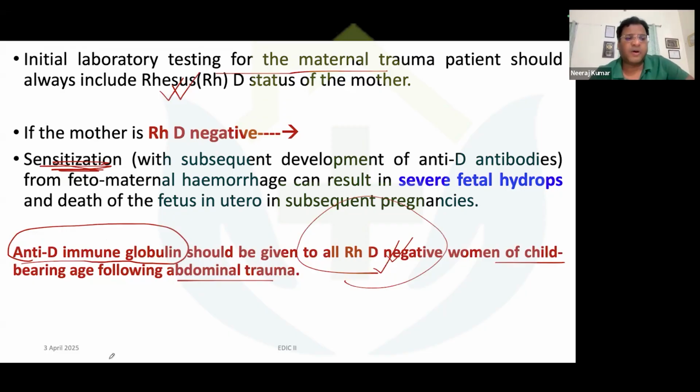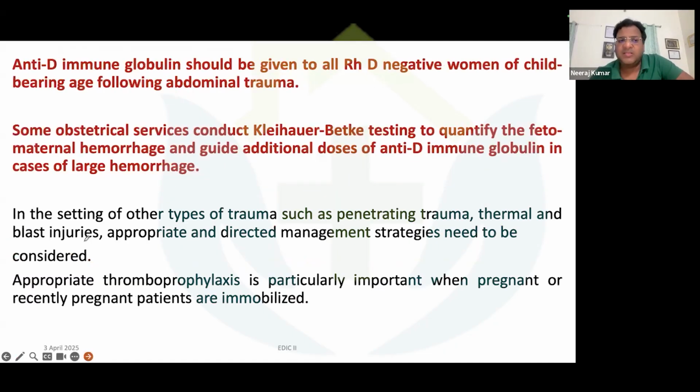That's why the role of anti-D immunoglobulin is there, especially in RHD negative patients. Now, these are two important facts. That's why it is written in red that anti-D immunoglobulin should be given to all RHD negative women of childbearing age following abdominal trauma. This we have already discussed.